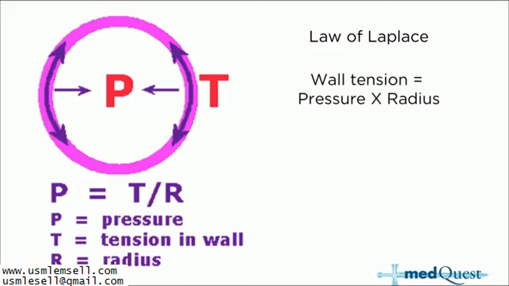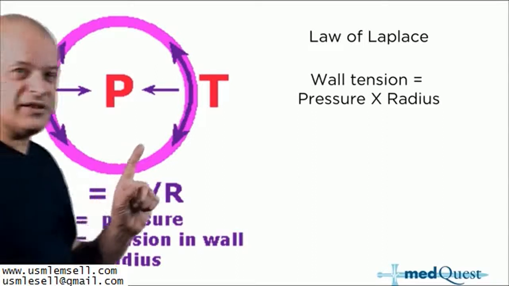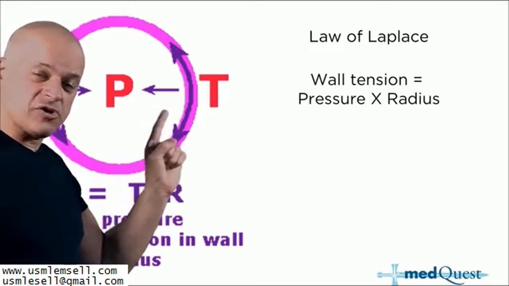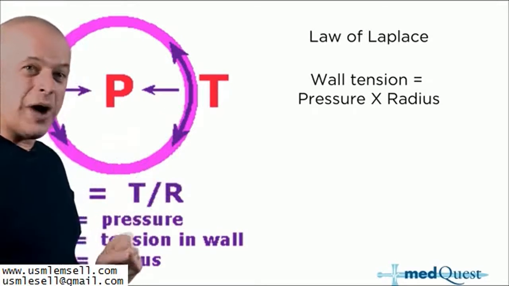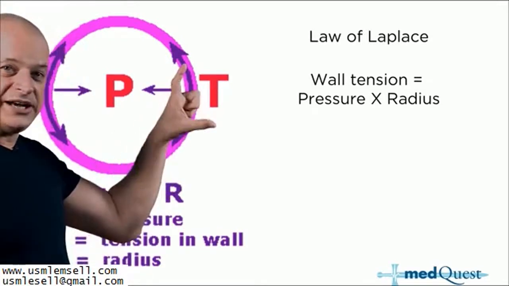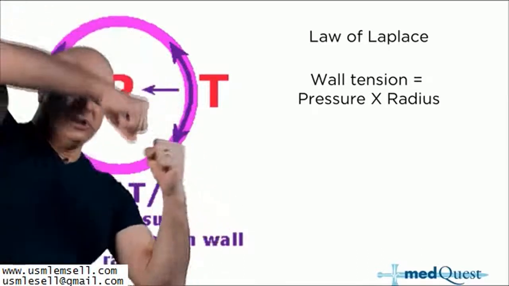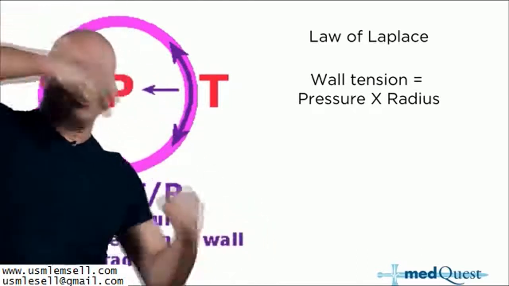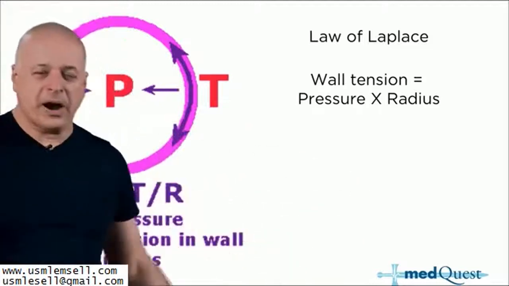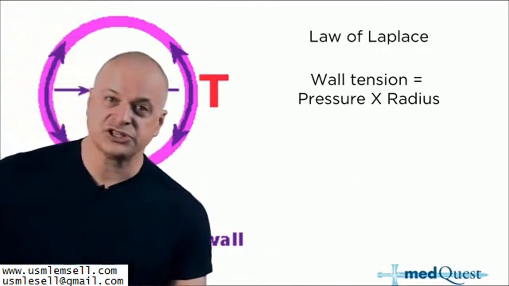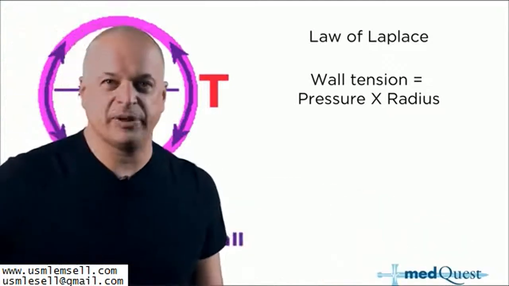The wider the radius, the more the wall tension. This wall tension is trying to pull apart the wall, stretch it, widen it. And the wider it is, the more wall tension there is, pulling apart that blood vessel.